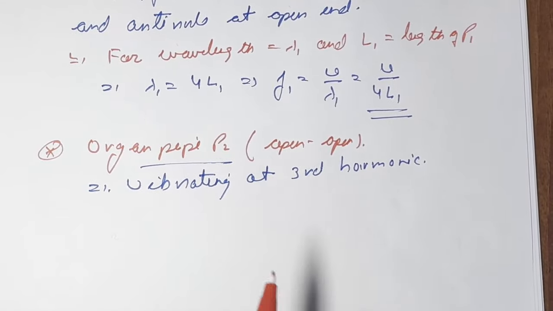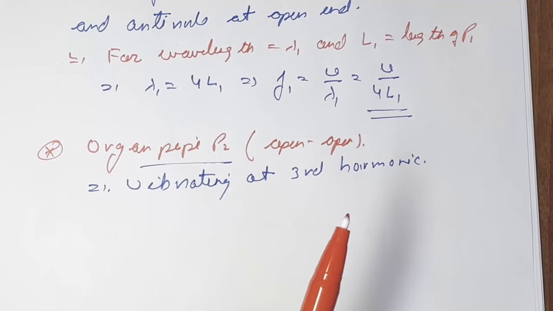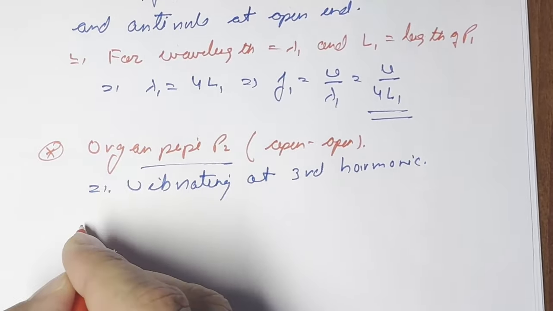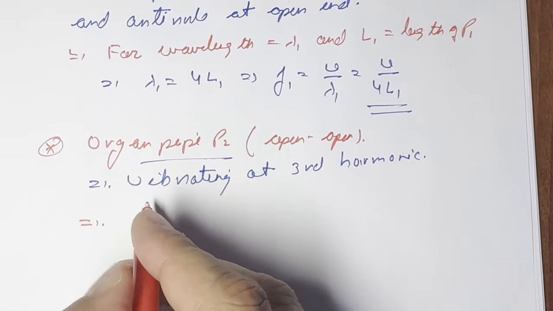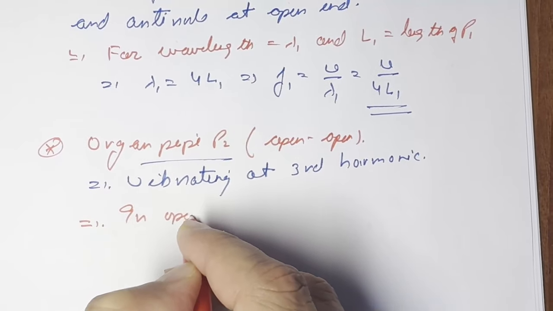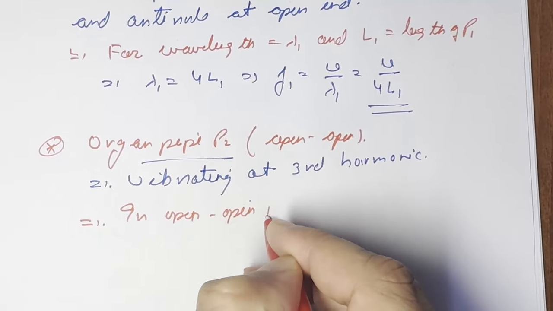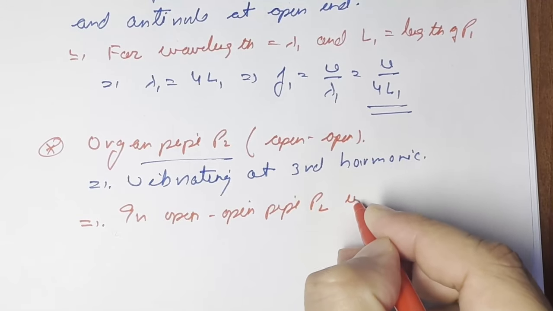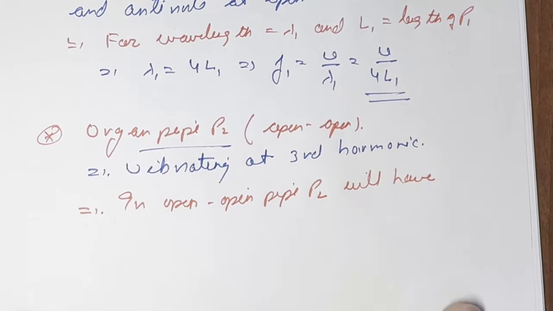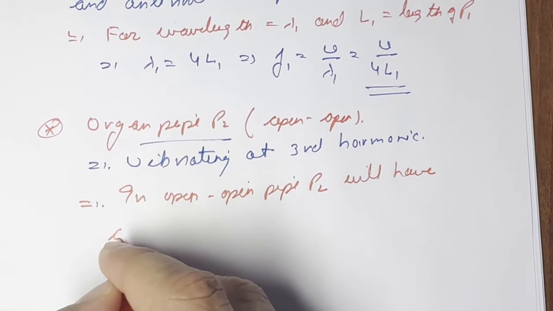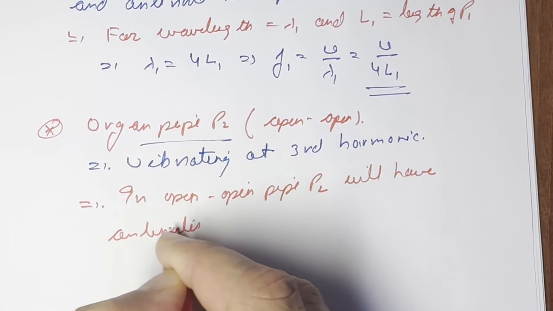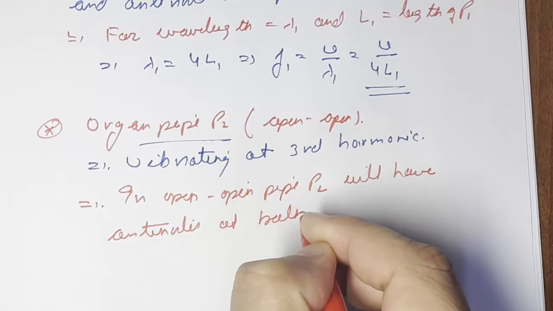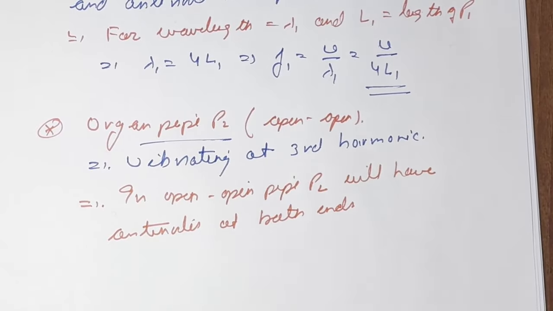As it's open at both ends, it is going to have antinodes at both ends. So in open pipe P2, we will have antinodes at both ends, and it is given it is vibrating in the third harmonic.